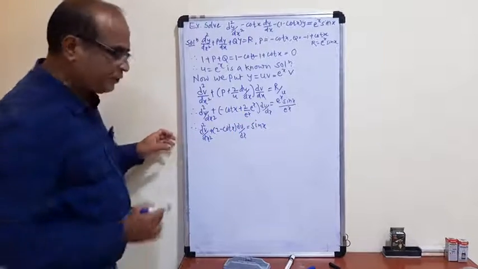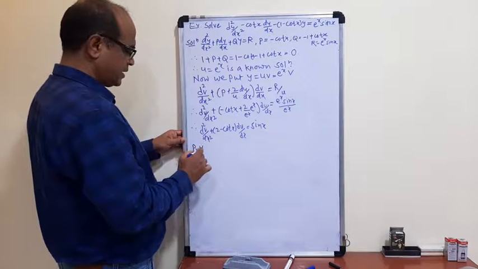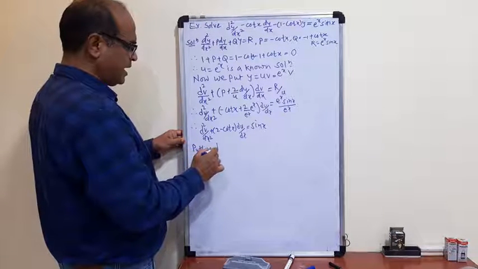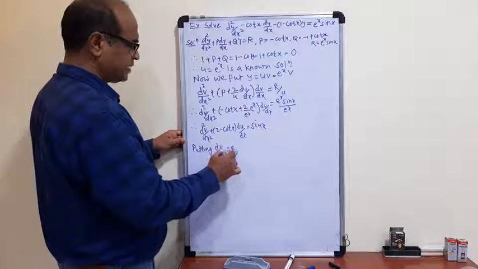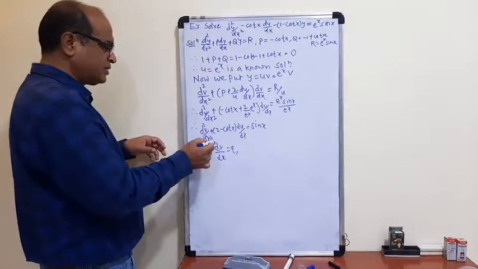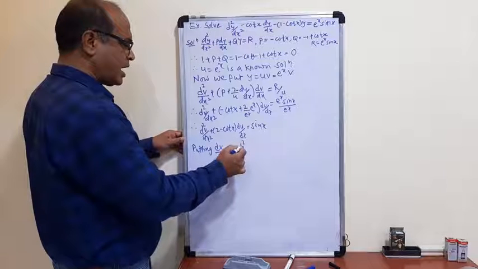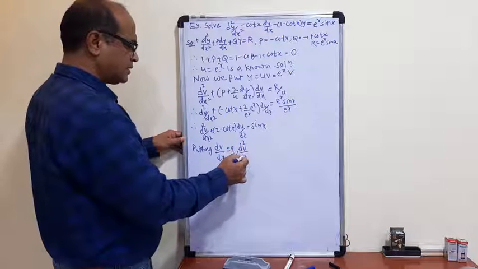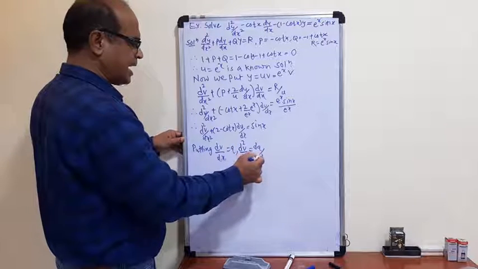So now putting dv by dx is equal to q, and taking the derivative again with respect to x, d2v by dx square is equal to dq by dx.